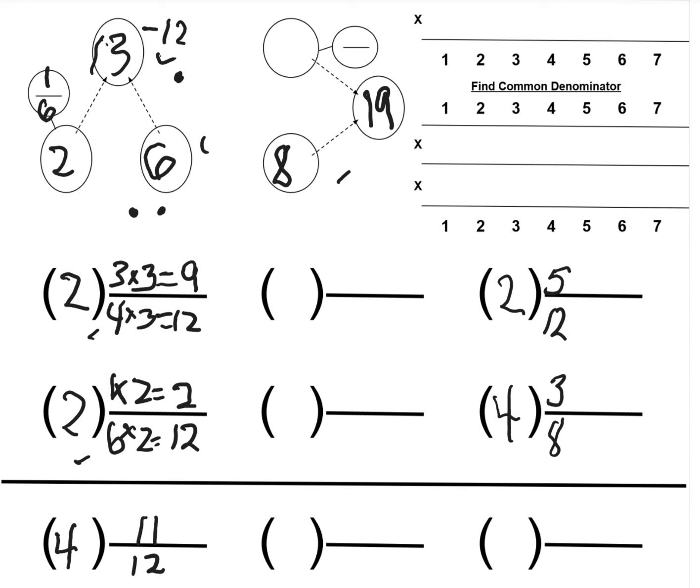All of these are being added together. Where we have 2 5/12 and 4 3/8, where you again have to find the common denominators for these two to get your answer.